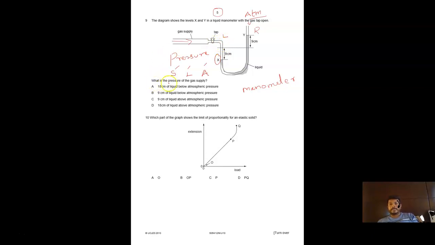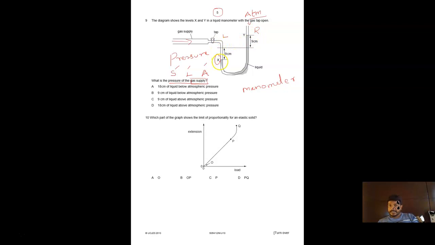Okay. What is the pressure of the gas supply? They're asking what is the pressure of the gas supply. Now here you see, students, 18 centimeter of liquid below atmospheric pressure. First of all, you should decide, is the gas supply pressure greater or less than atmospheric pressure? It is greater, right?